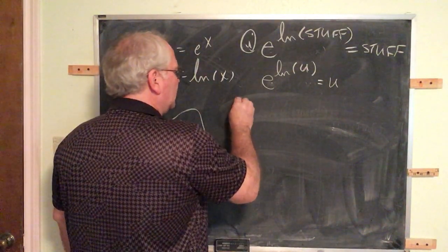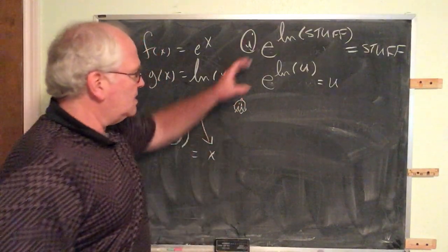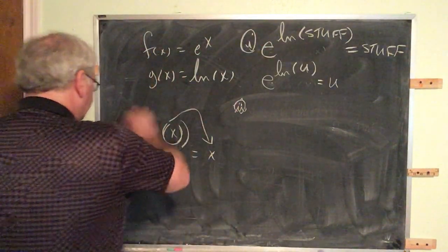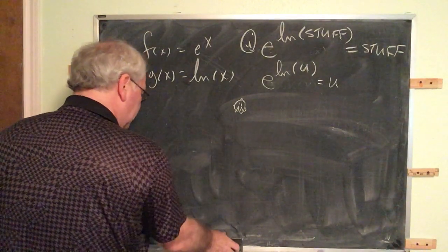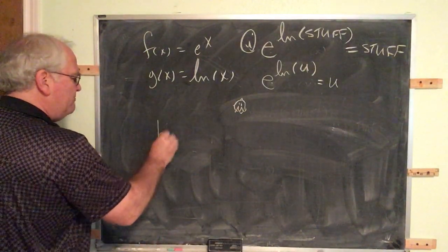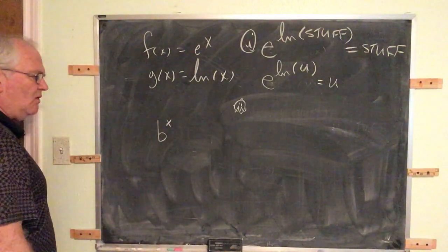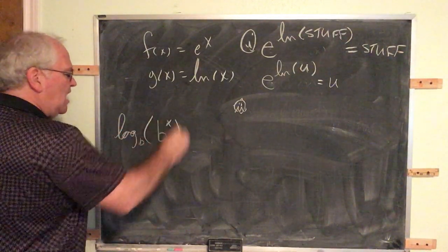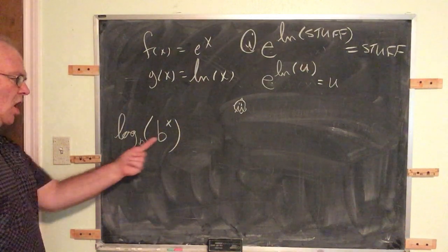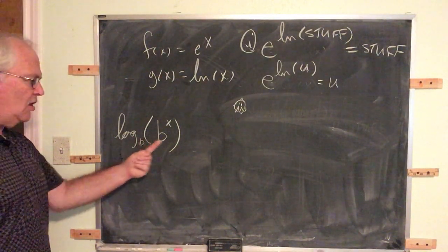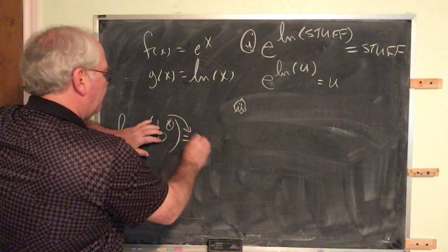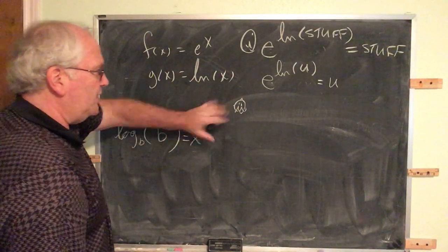Now, the second property is the same thing in the other sequence. We know that for any base, if I have b raised to some power, and then take log base b of that, well, log and exponential cancel, and you're left with just the argument. Well, that's true here.